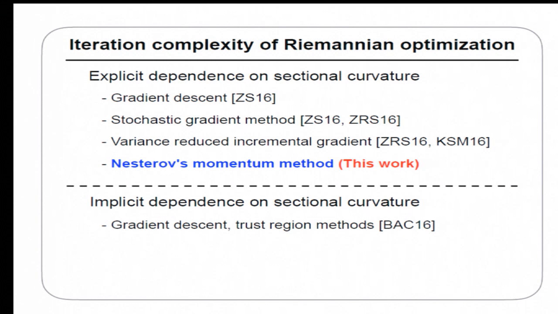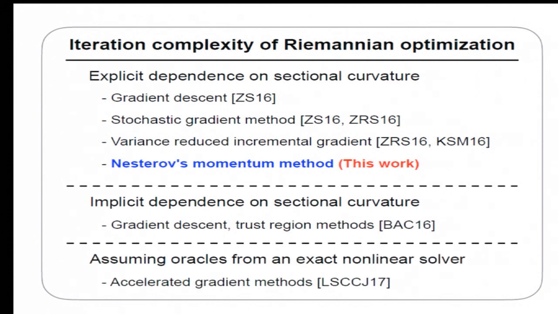In this work, we study Riemannian Nesterov's momentum methods. We also note that a recent work by Liu et al. proposed accelerated gradient methods. However, they assume an exact nonlinear solver oracle, which in practice may be intractable.